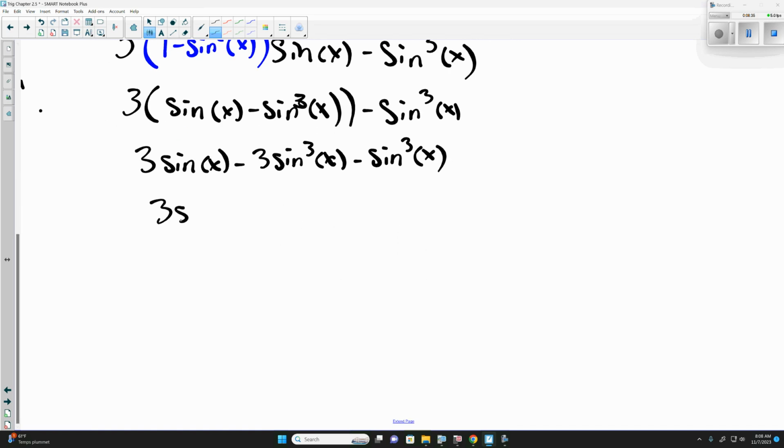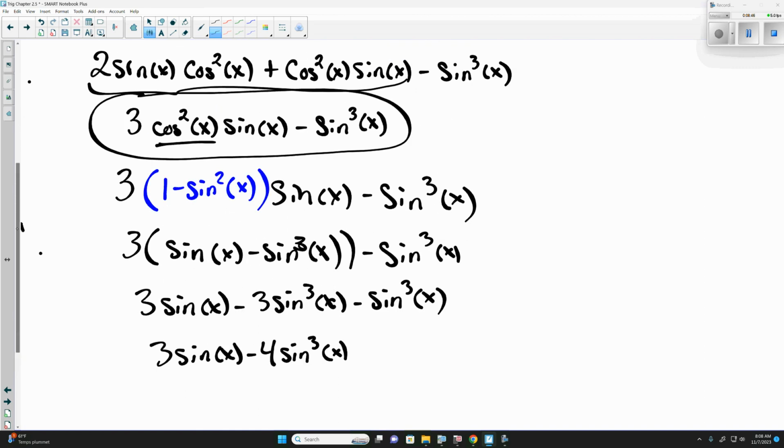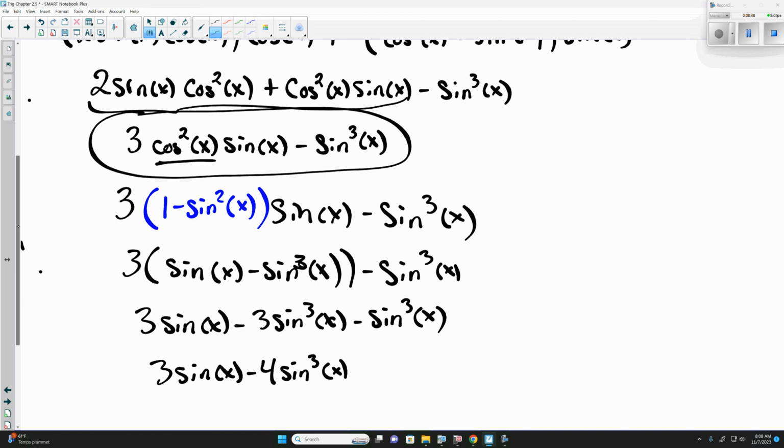So I say we have 3 sine of x minus 4 sine cubed of x. Same thing. This is just in terms of sine. This is purely just getting it in terms of x.